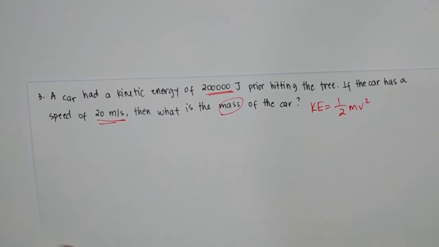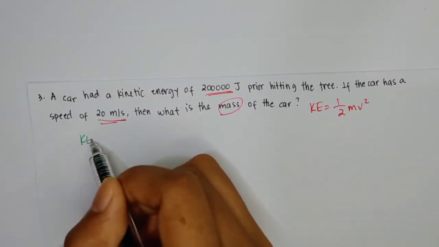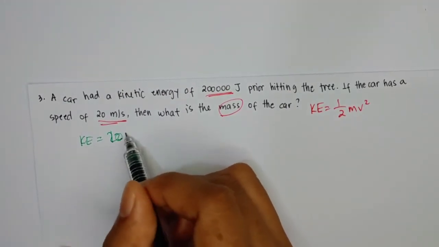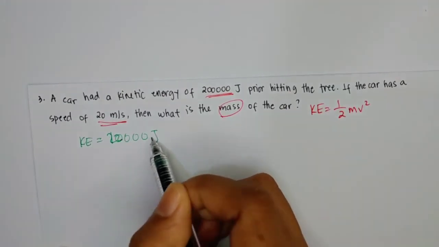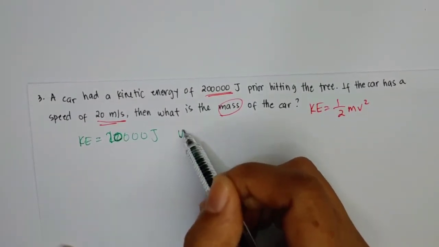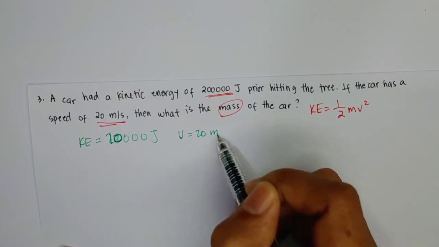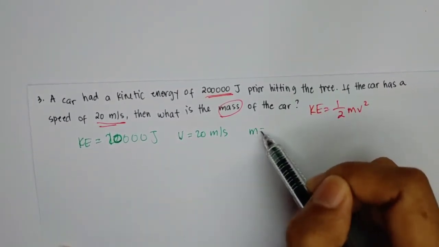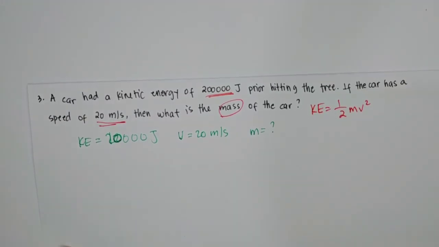Okay, identify natin yung given. Ano yung kinetic energy natin? We have 20,000 joules. Then our speed is 20 meter per second. Then yung mass natin is unknown. Okay?